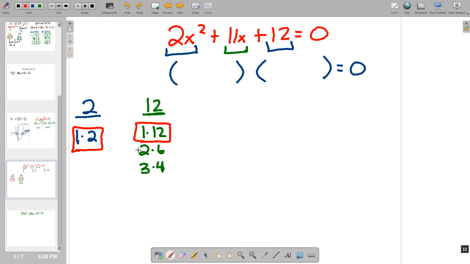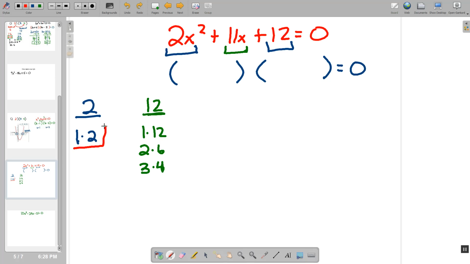If I did this one, I could do 2 here times 1 here, and I always want to write this number first, this number second, plus 1 times 12. That would give me 2 plus 12, which is 14, does not equal 11, so that means we are incorrect and need to pick a different pair of factors.